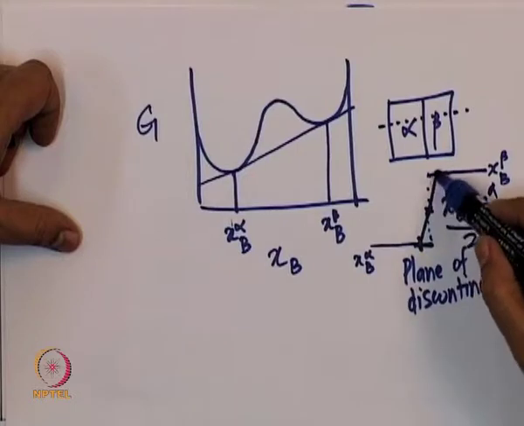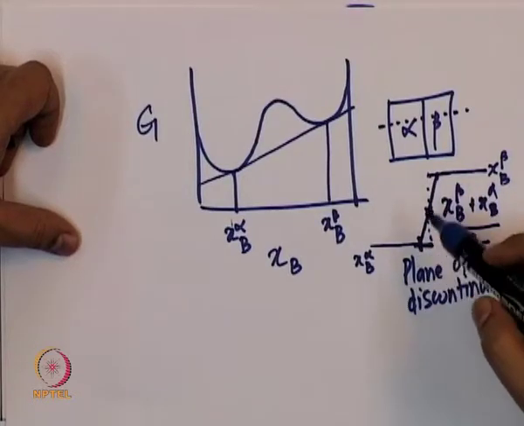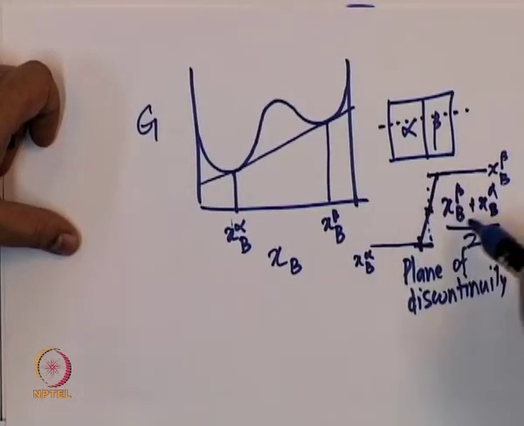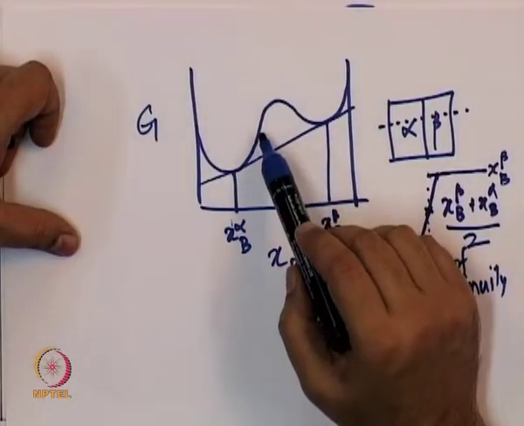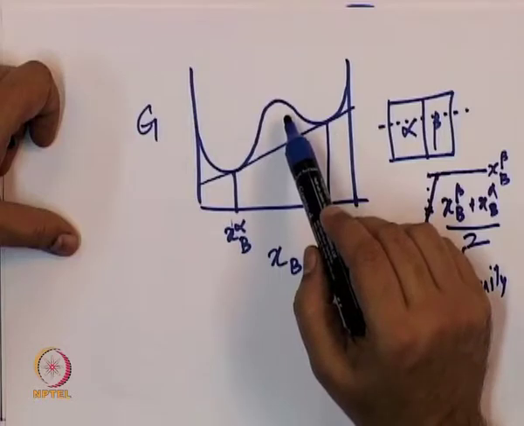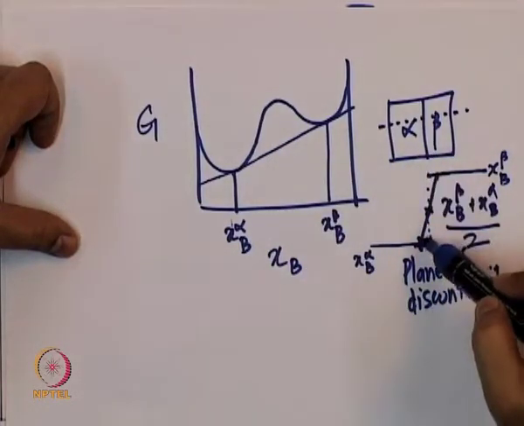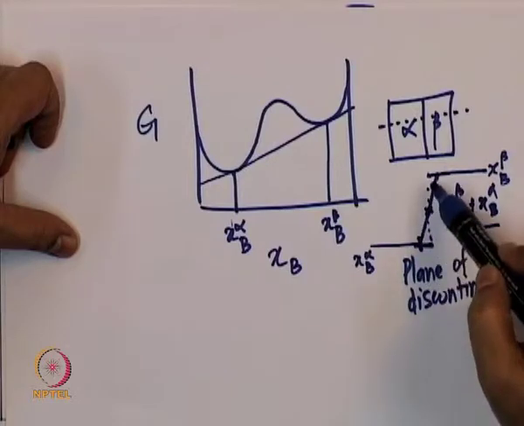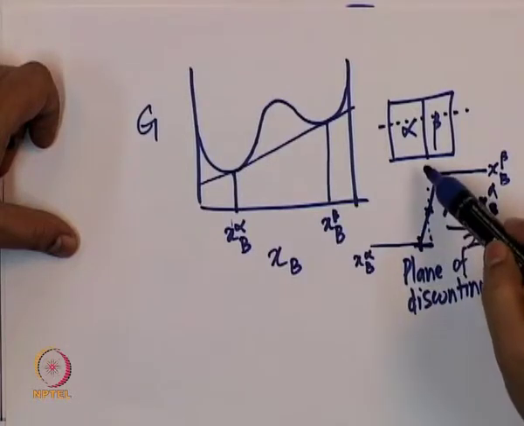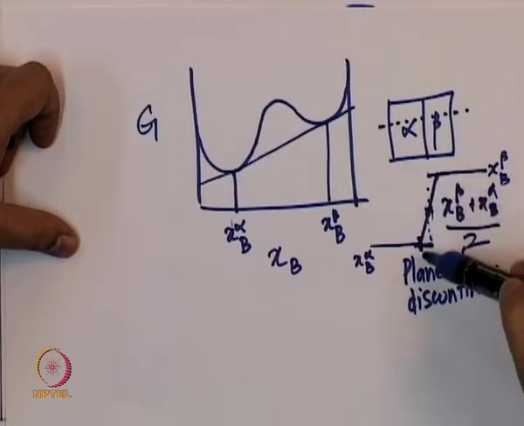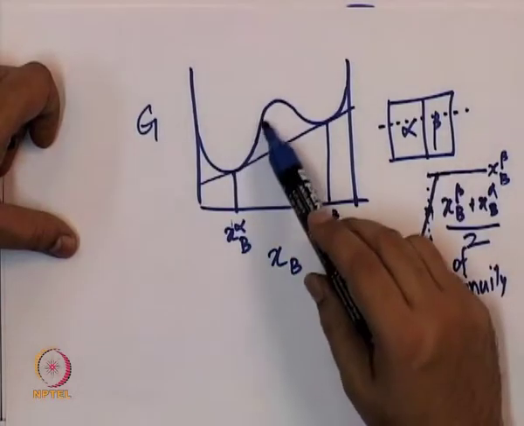So, the interface is something like this. Then there is this (x_B^beta + x_B^alpha)/2 region. So, that composition is going to lie somewhere here. So, there is a cost associated with making the interface more diffuse instead of keeping it as very sharp, that comes from the free energy itself.